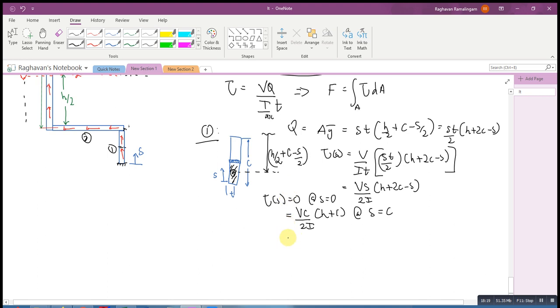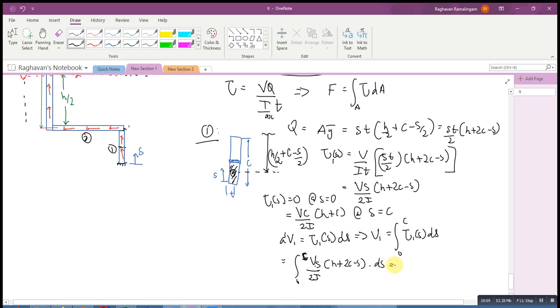So the total force inside this element is given by dV1 equals tau 1 of S ds, which implies V1 equals the integral from 0 to c of tau 1 of S ds.